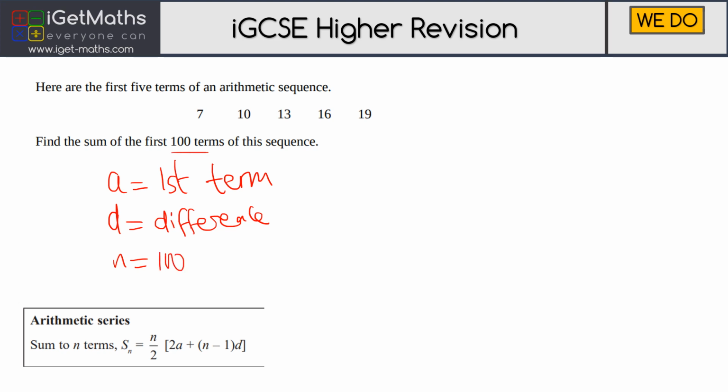So we're going to just substitute that into the formula. So 100 for N over 2, bracket 2 lots of A, which is the first term, which is 7, plus 100 minus 1 times the common difference of 3.